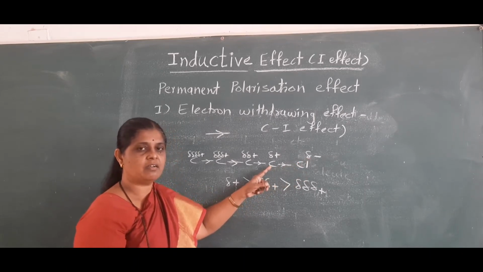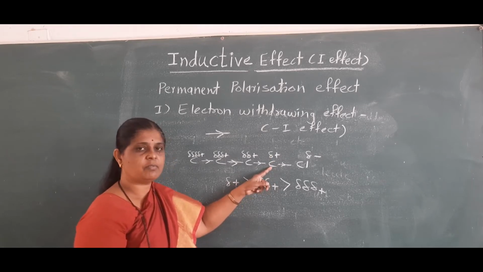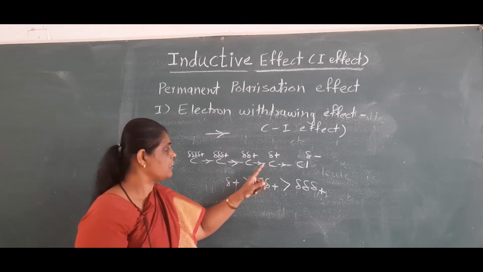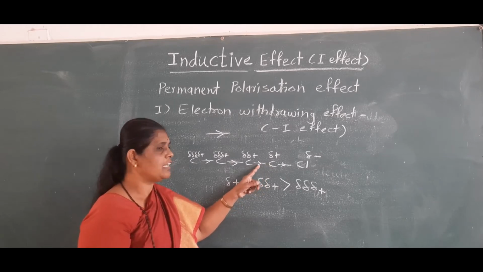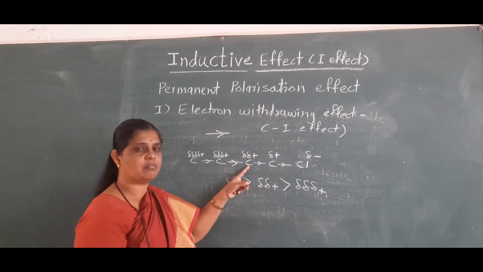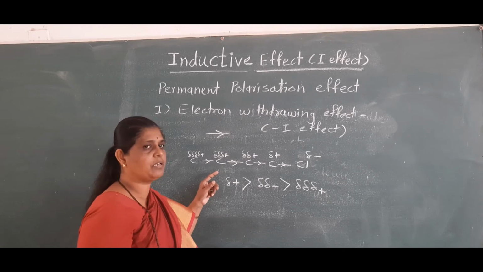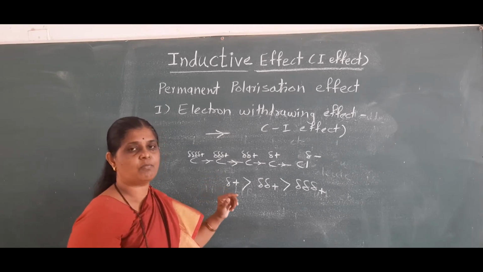As chlorine withdraws the electron density toward itself, it carries partial negative charge, and that carbon carries partial positive charge. As that carbon becomes electron deficient, it again has the tendency to pull the electron density toward itself. Therefore, that second carbon atom again becomes electron deficient. Thus, that inductive effect passes through sigma bond, and it is shown up to 4 bonds.